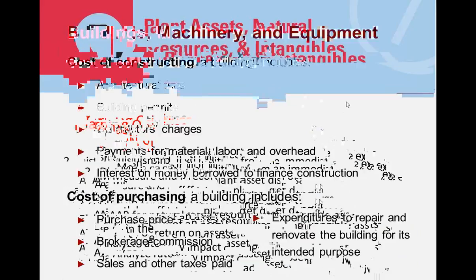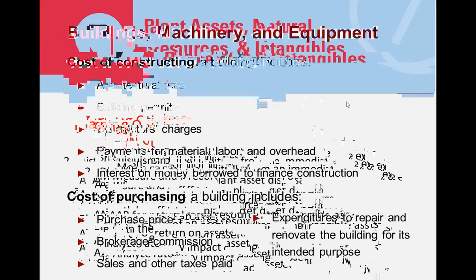Buildings, just like land, include anything it takes to build that building: the architecture fees, the building permits, contractor charges, payments for material and labor. And this is an interesting one that sometimes gets missed: the interest on money borrowed to finance construction. Obviously, if you are paying interest on a business mortgage, that is an expense, but that's after the building is already in use.